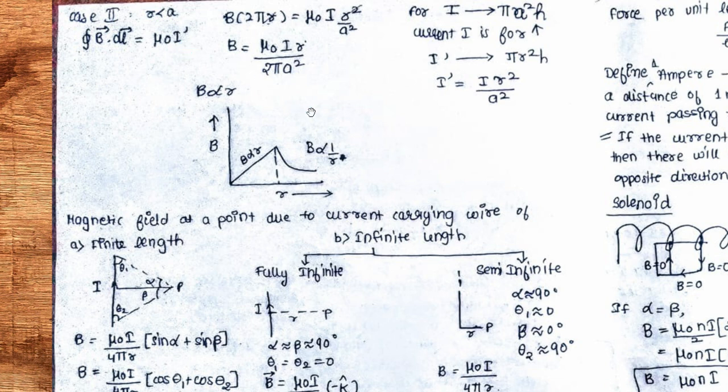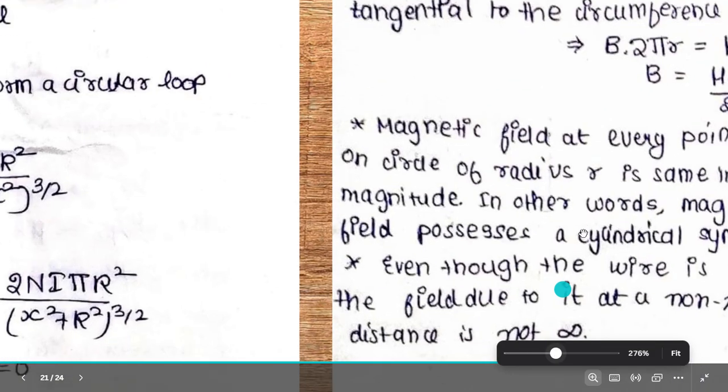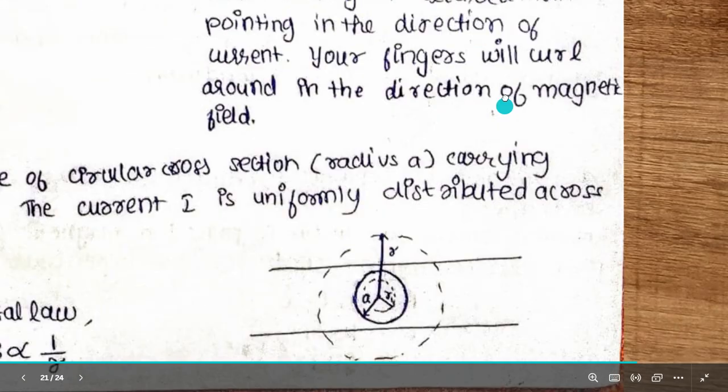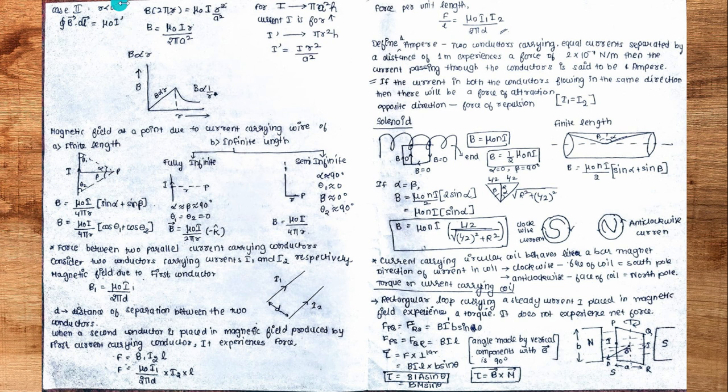Now why did I take I dash? The current across the whole wire is I, but we are considering only this circle. This circle does not constitute the whole cross section of the wire, it is a small part of it, so I have to consider I dash.